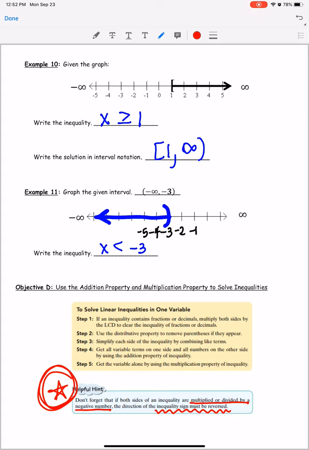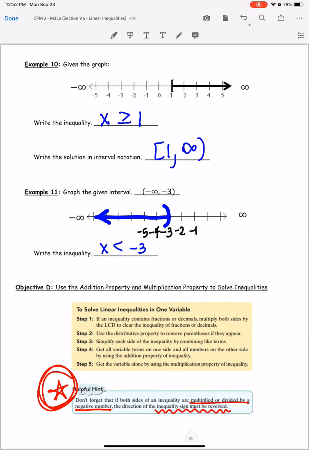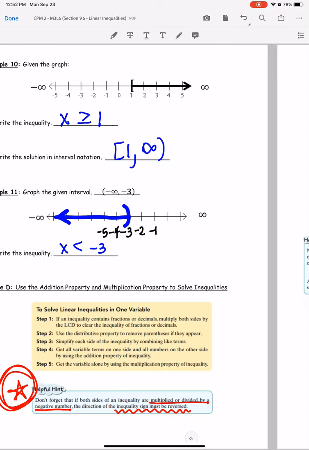If you multiply or divide by a negative number, you've got to flip your inequality symbol. Now I'm pretty sure, let me see. Yeah, the first couple ones don't have anything to do with this new rule. So I'm going to come back and show you guys this whenever we need it. But this is the only difference, and you need to memorize this. So memorize it, but forget it for now.